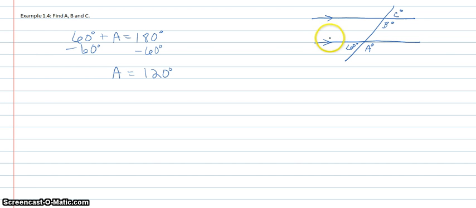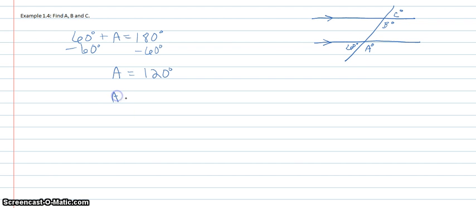Now, because these lines are parallel, that's what those little arrows mean, and they're being cut by a transversal that is hitting each of these at the same angle, that means that the large angles, A and B, will be equal.